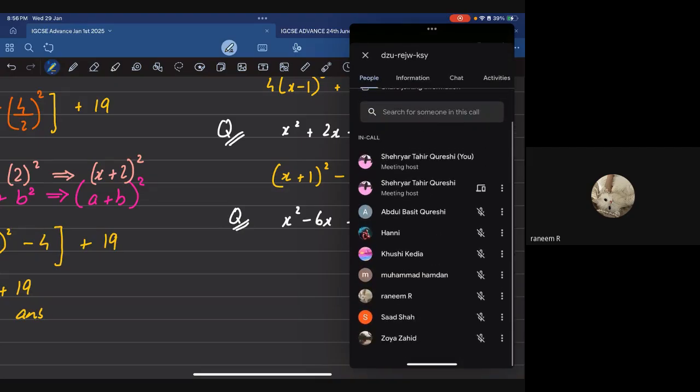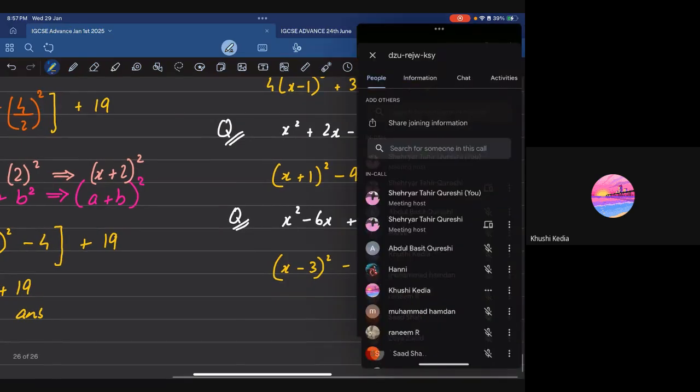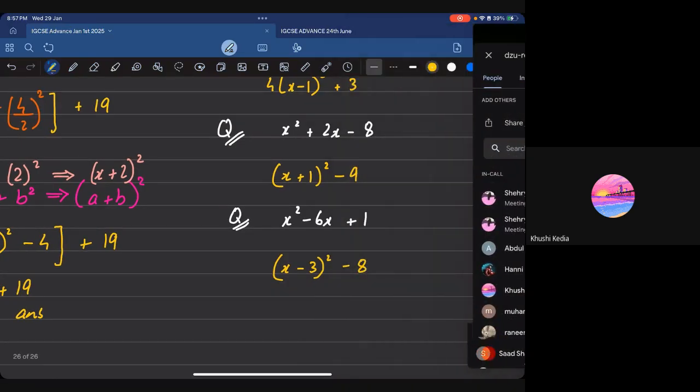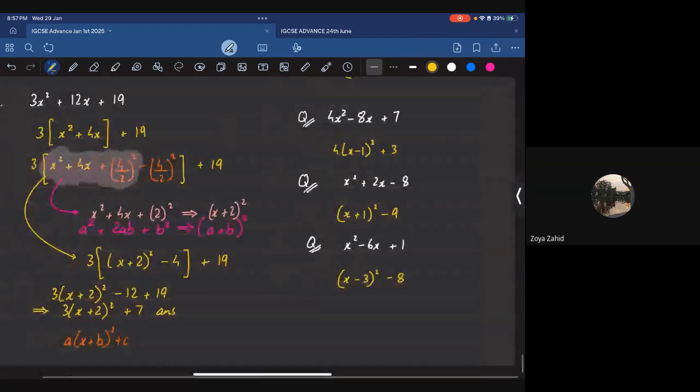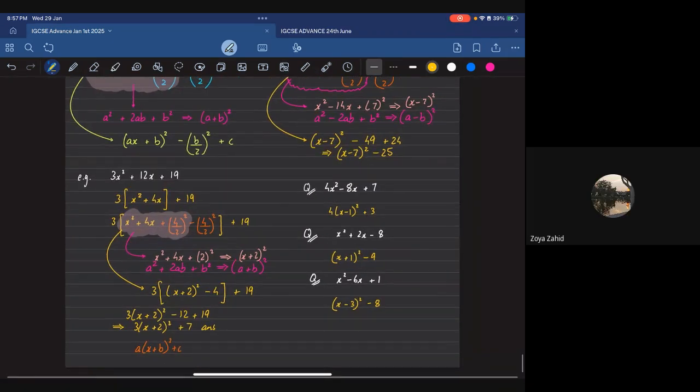Kushi, have you done the last one? Yes, I got (x minus 3) whole squared minus 8. And Zoya, is this answer correct? Yes. All right. Hopefully this is clear for everyone.